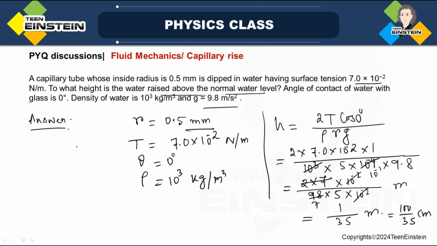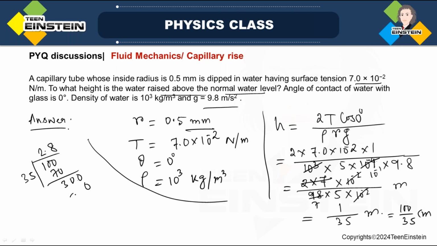Okay, so if we divide this 100 by this 35, what do we get? 70, then you get 30, so we can go with 8, then 20, so 200 here, so we can go with 5 here, again 25, so we can go for 7.